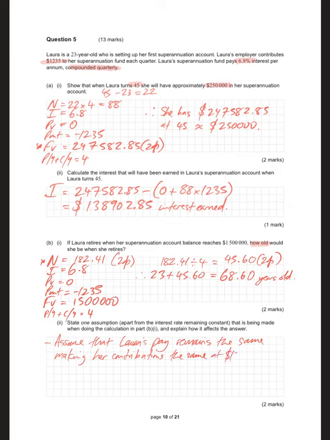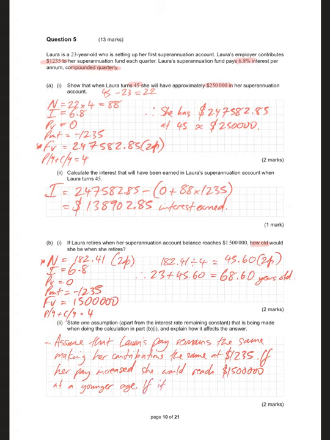At 1, 2, 3, 5. If her pay increased, she would reach 1.5 million at a younger age.